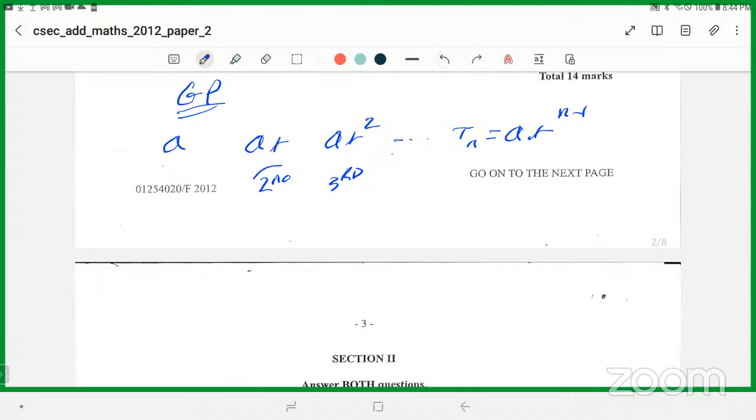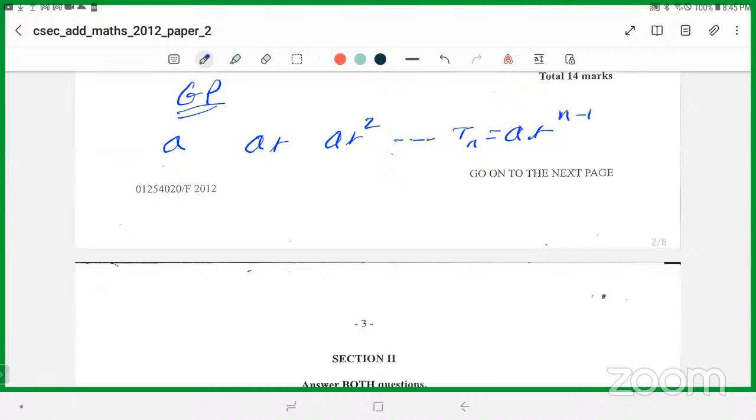When the term number was 2, the power is 1 less, because the power up here was just a 1, and so on. So that is a trend. This is your term number, the expression for the term. I think they give this on the formula sheet as well. The term of a GP: A is the first term, R is a common ratio, N is the term number or the number of terms.